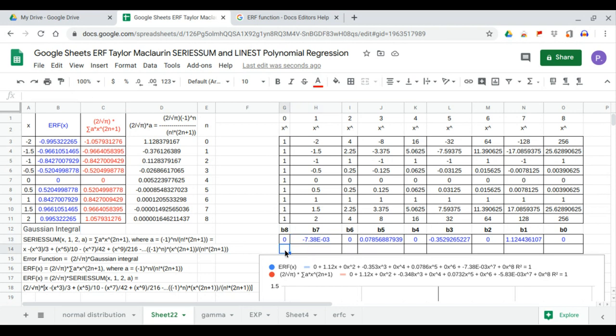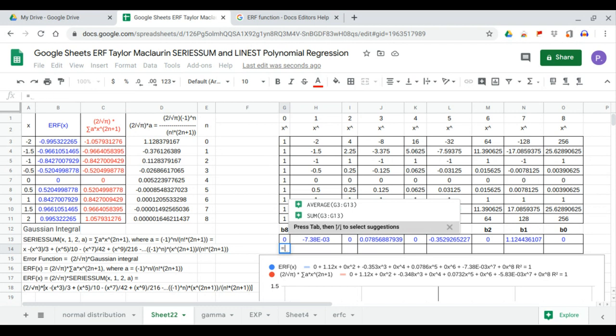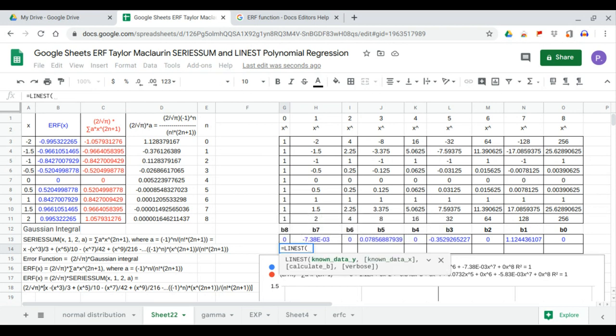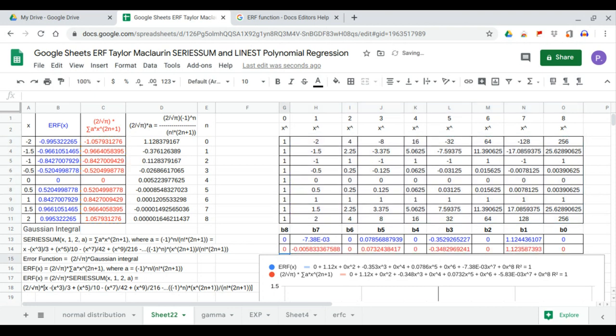We take the LINEST of the Taylor Maclaurin series of ERF. So our LINEST of the Taylor Maclaurin series of the ERF, the expansion, and data x. So B0 is 0. B1, they're the same.